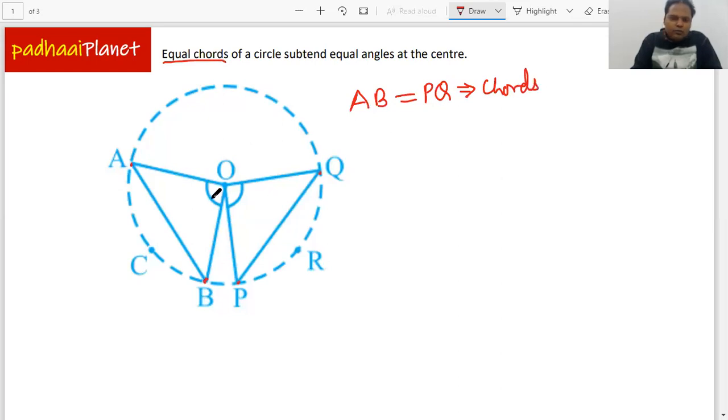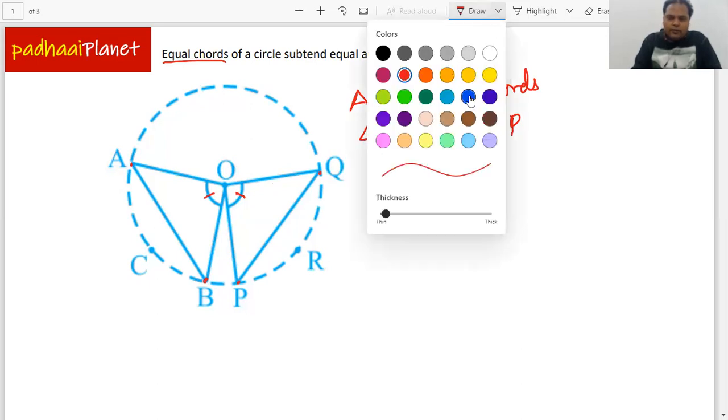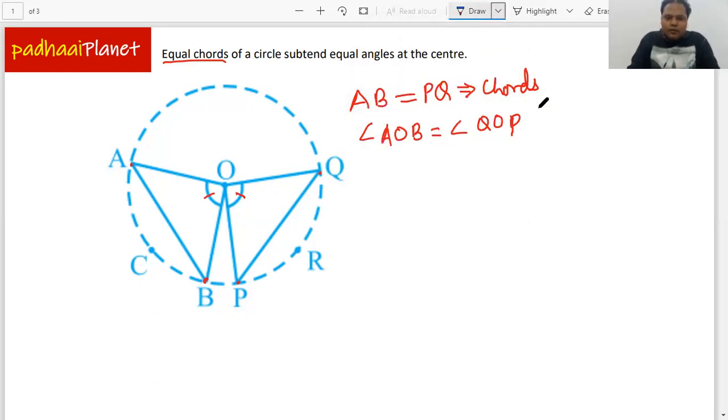Now what we need to prove is that these two angles are equal to each other, which means angle AOB is equal to angle QOP. This is what needs to be proven.